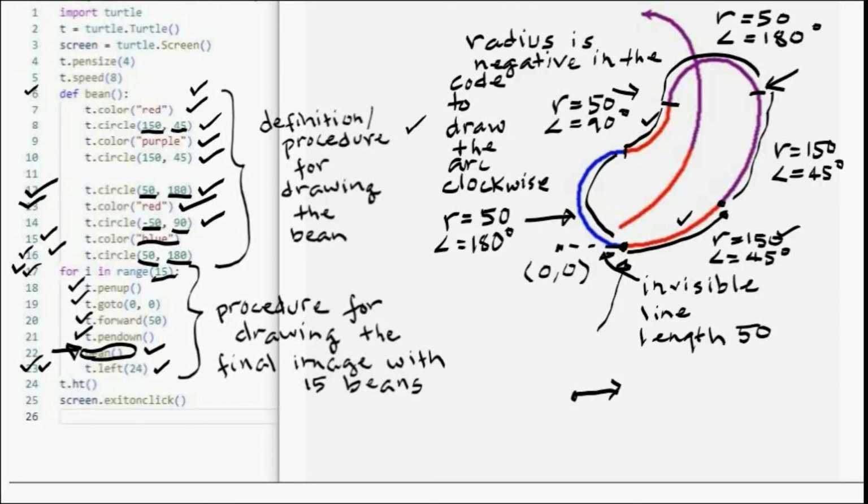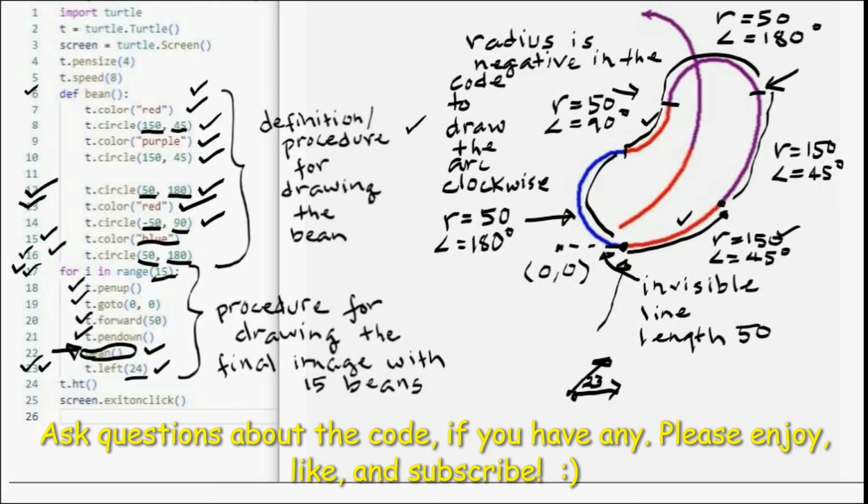But I need to draw the second bean in a different position with an orientation of 24 degrees on line number 23. So what I need to do is turn the turtle 24 degrees like that. And then I go back to the first step here for the procedure for drawing the final image with 15 beans, and that is line number 18.